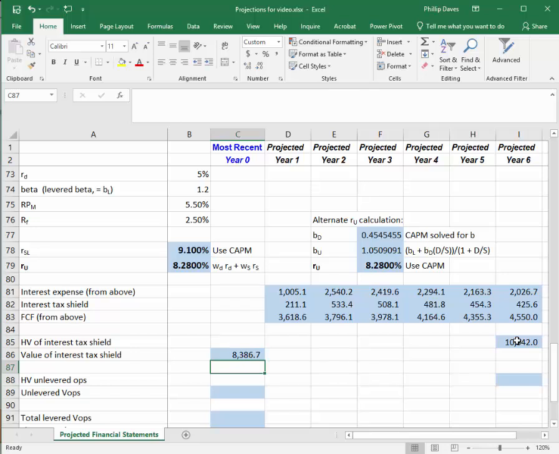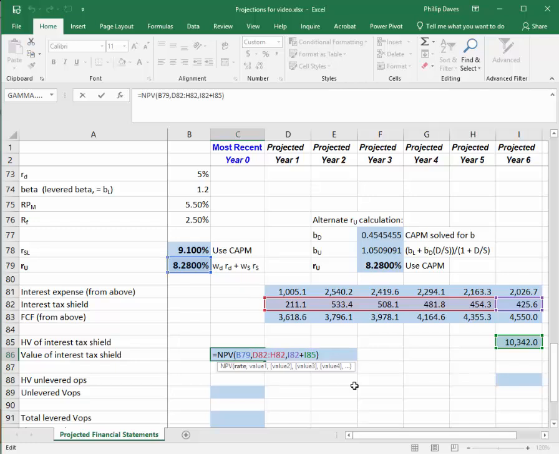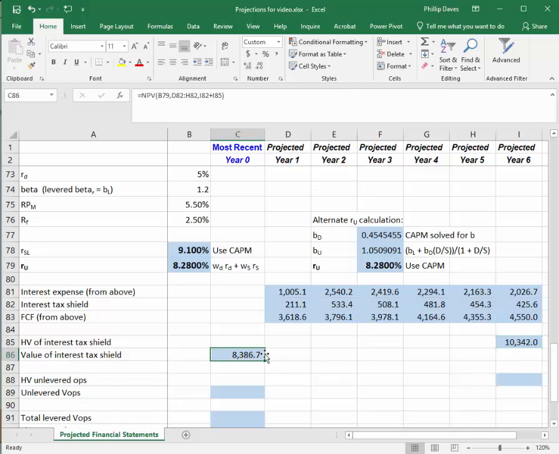And it turns out that the value of all of these interest tax shields, when you add them all together at the discount rate of 8.28%, is $8.3 billion. That's a lot of value. That works out to a lot of money all of a sudden. So $8.3 billion is pretty significant, and that's the present value of all of the interest tax shields.